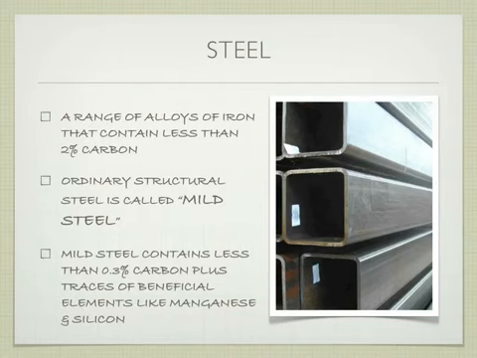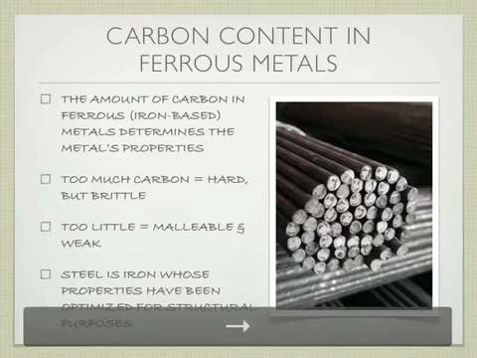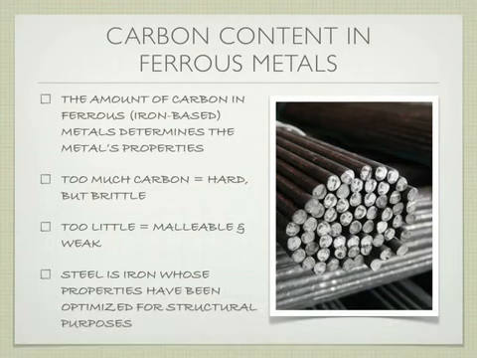So we went all the way from the cast iron realm at 3 to 4% carbon all the way down to structural steel at 0.3% carbon. So we're really moving down in this strategy here. The amount of carbon in a ferrous or iron-based material (ferrous also refers to magnetic) determines the metal's properties.